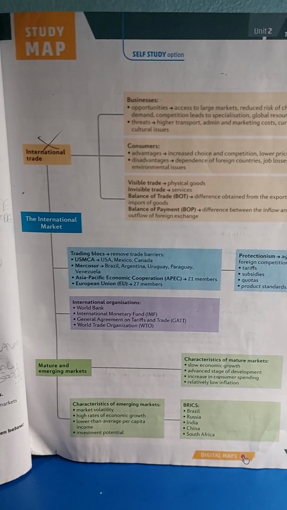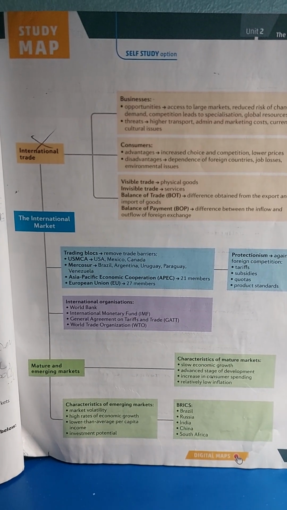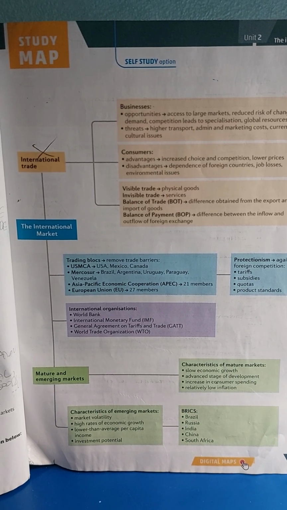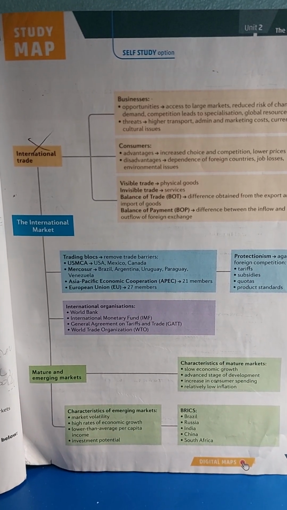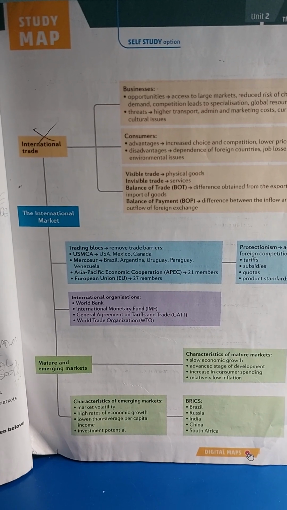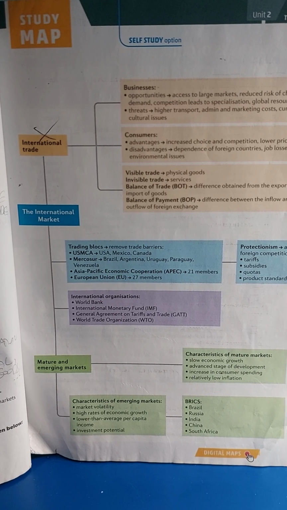Okay? And about mature and emerging markets, mature markets, mercati maturi, have the main characteristics, for example, slow economic growth, advanced stage of development, and increase in consumer spending, aumento della spesa pubblica, and there's the lowest inflation in the world.